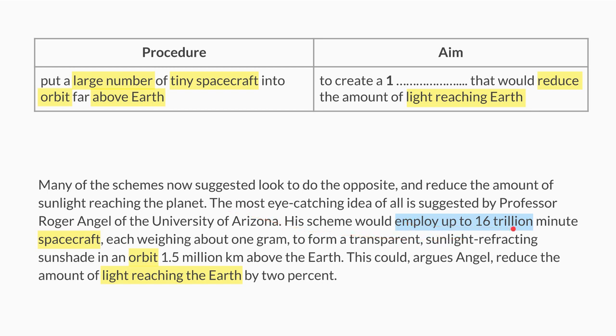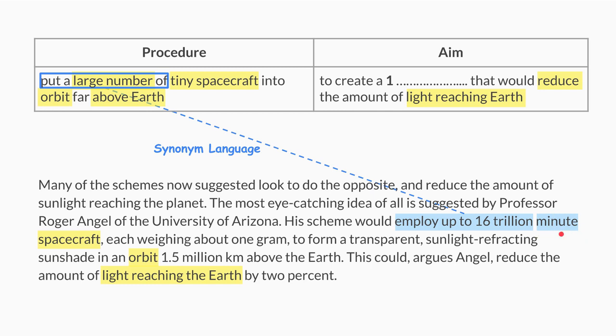Here we have synonym language. It says employ up to 16 trillion. That's a huge number, 16 trillion. So to employ is synonym language for to put. And large number is, well, 16 trillion. Here we have another use of synonym language.